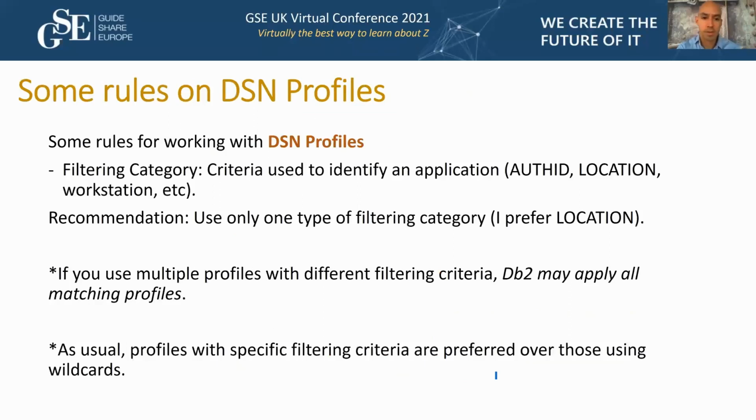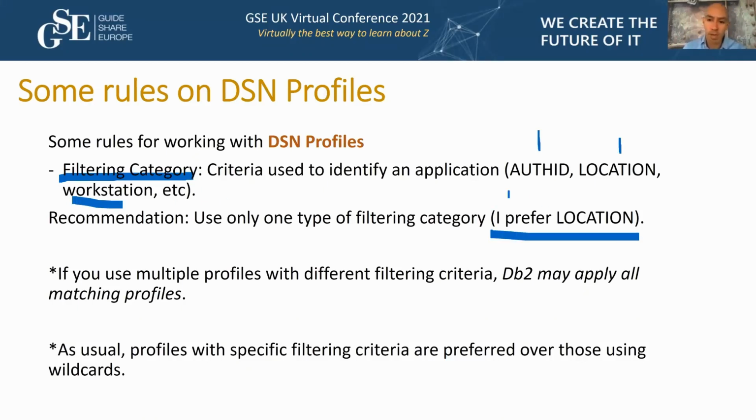Some other recommendations. In the manuals, you could see the term filtering category. It's the set of columns that you can use to identify what an application is like. You can use the user ID, but since you are JDBC, there is only one user from this data source, the IP address, name of the server, and so on. The recommendation is to only use one type.